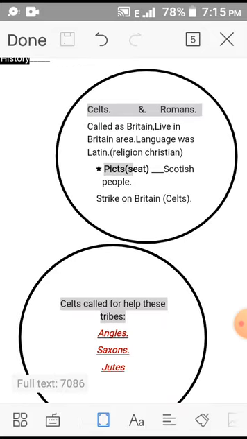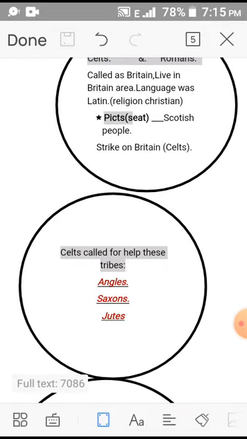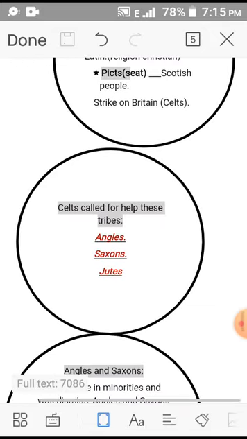Then the Celts called for help from three tribes. These tribes are the Angles, Saxons, and Jutes. When they occupied Britain, they also occupied the Celts and their land as well. Hence, the Jutes, being in the minority, were dismissed.